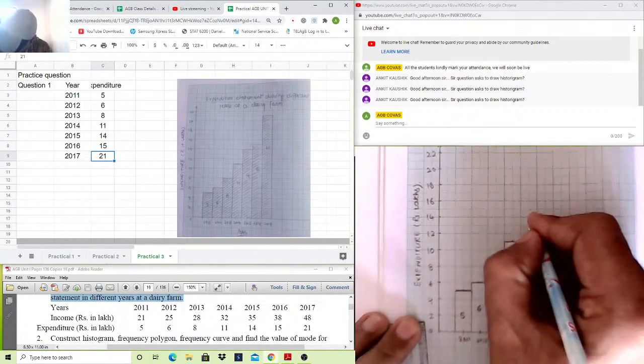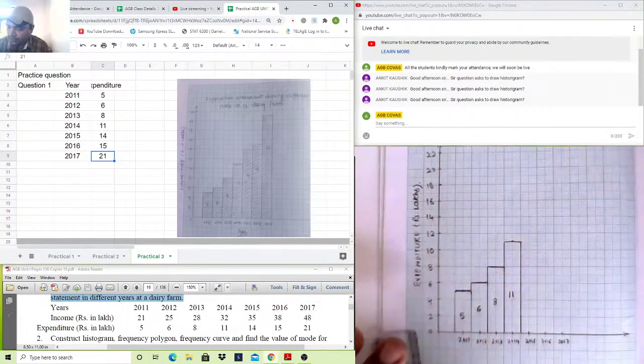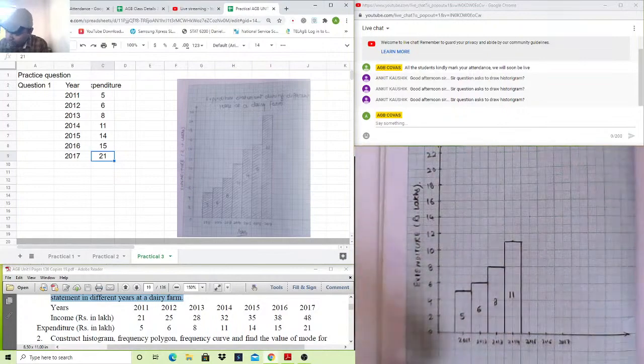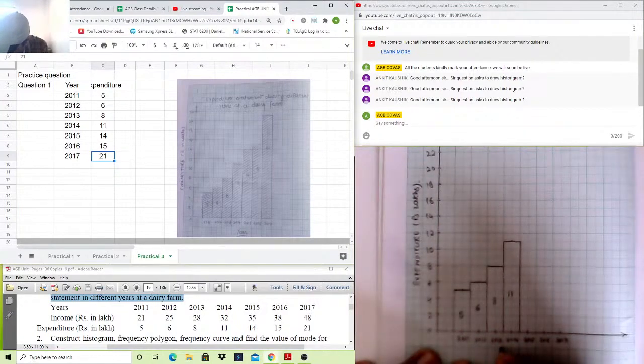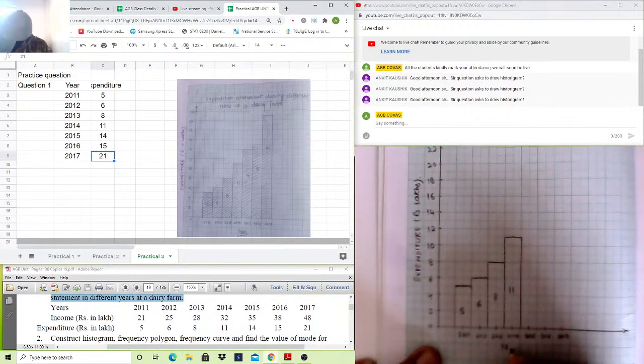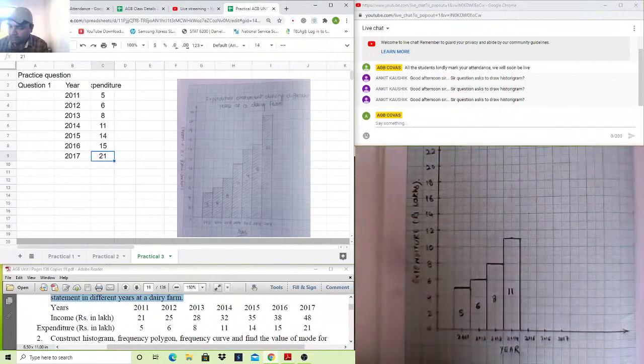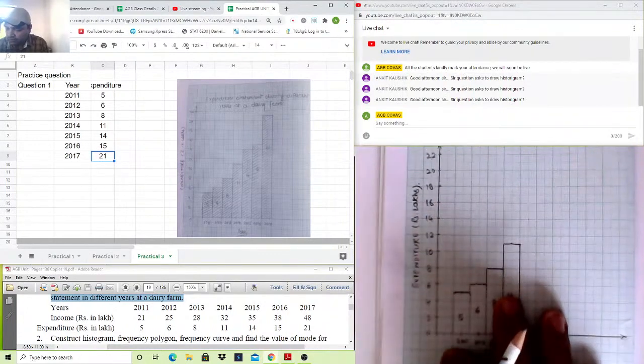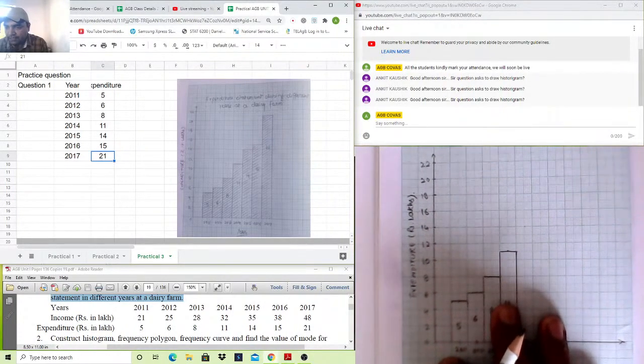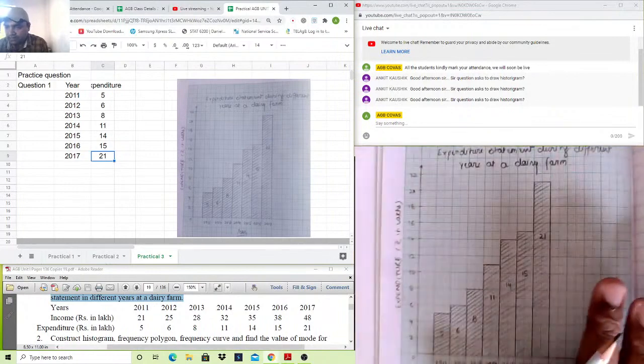So 14 will be here. Likewise you have to go on and mark it. And the title can be given. So finally, once completed, this graph will look like this.